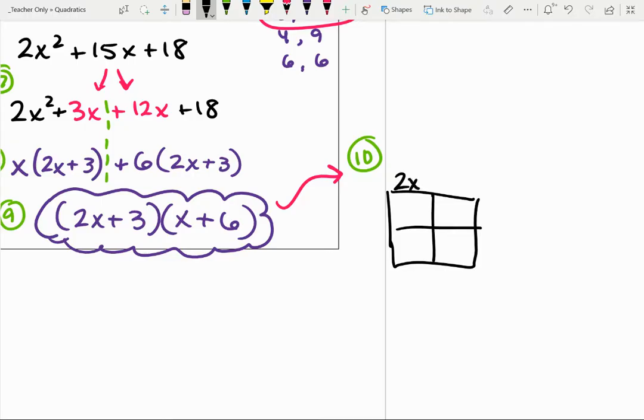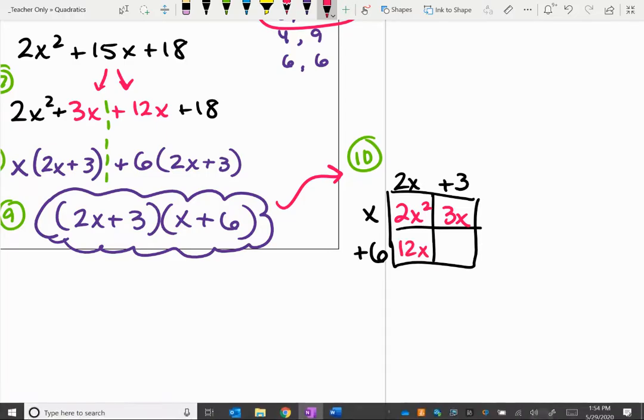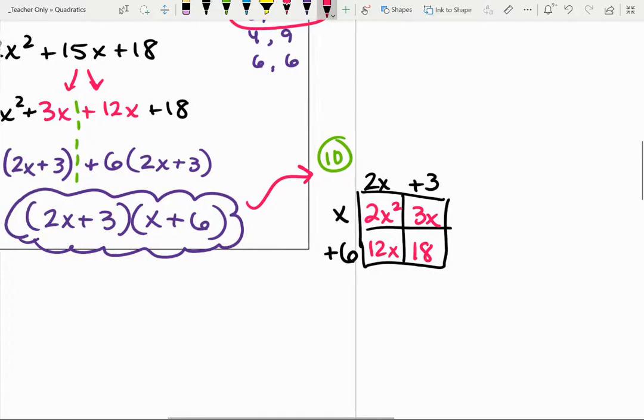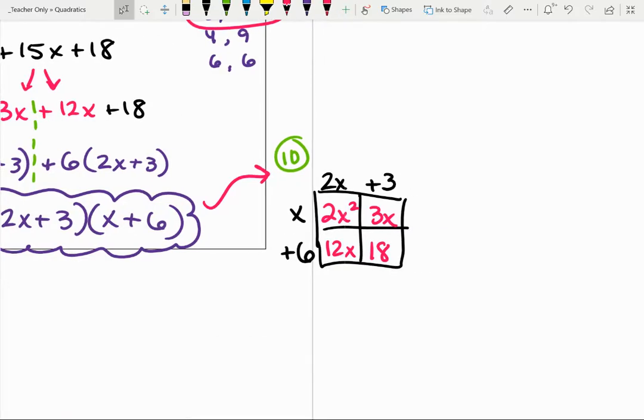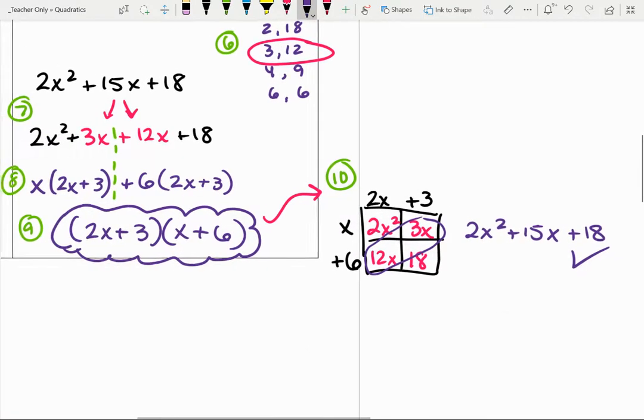So 2x plus 3 and x plus 6. When we multiply, we're going to get 2x squared, 3x, 2x times 6 is 12x, and 6 times 3 is 18. And so when we put all of that together, we get 2x squared, 12x and 3x make 15x plus 18, which is exactly what we started with.